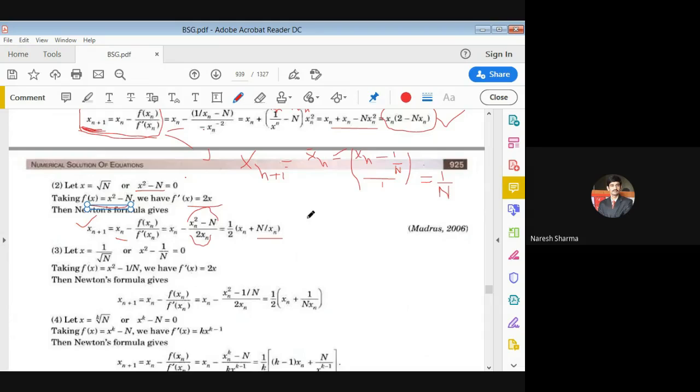So you get your iterative formula for under root n.